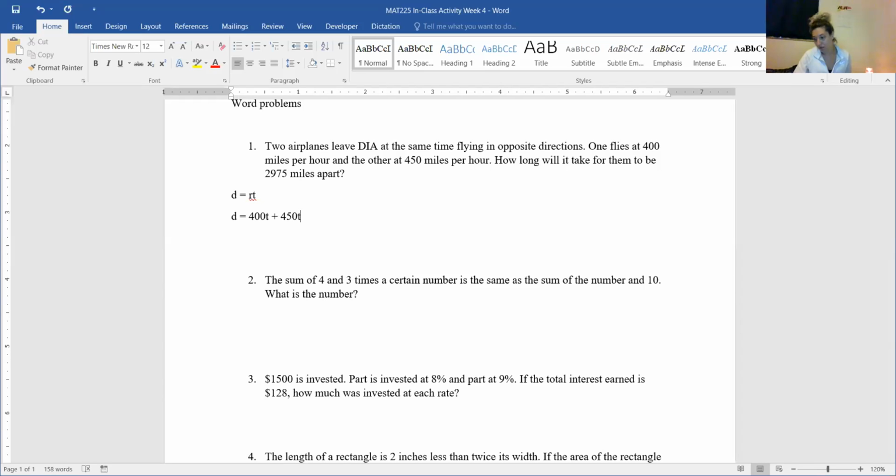Yep. You're adding the distance. I was wondering if we were putting that add in the middle part. We're adding together the distance that each of them flies in that amount of time, and we know how much that total is.